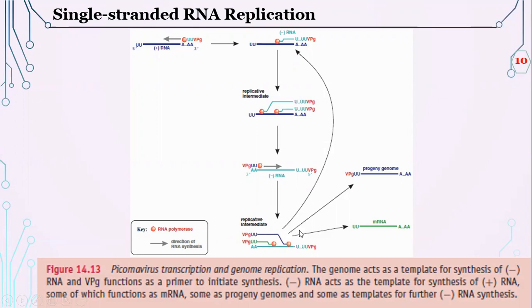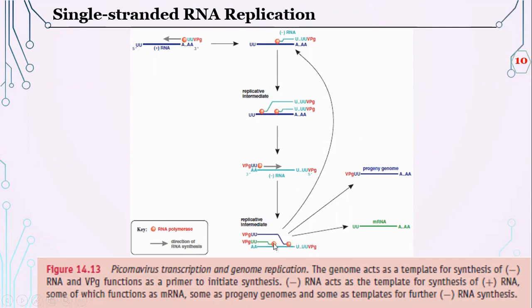So here, if you can see, the negative sense strands are produced. Once the negative sense strand is produced, it will be used as a template for the positive sense strand. So now there are 2 types, even 3 types of positive sense strands that are produced. The first one will be used as progeny genome. It will be encapsulated in the virus.